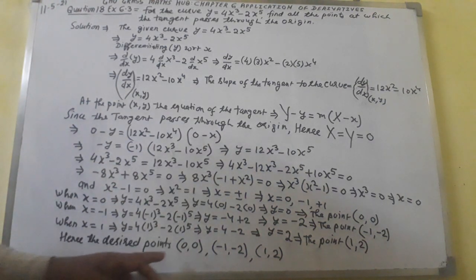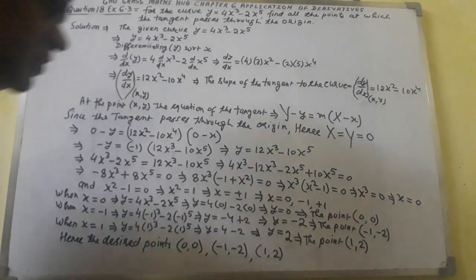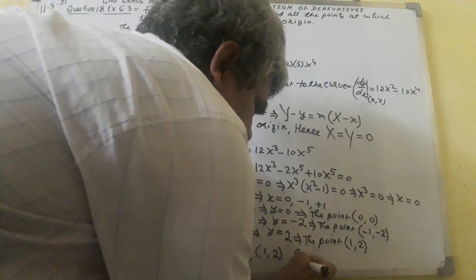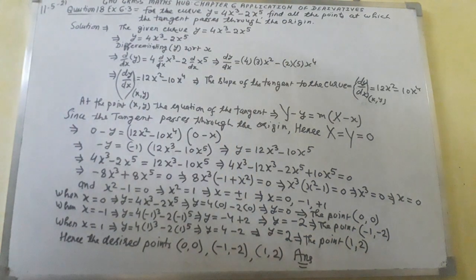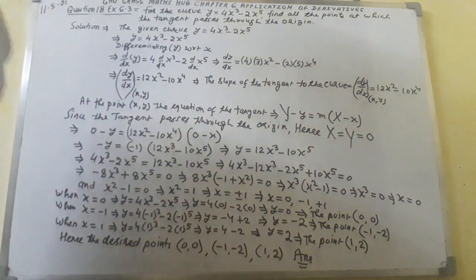The desired points 0 0, minus 1 minus 2, 1 2. This will be the correct answer we have got.